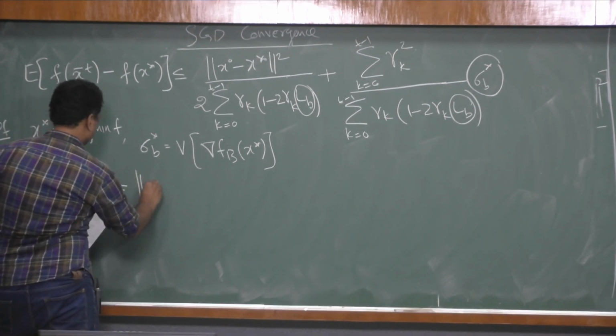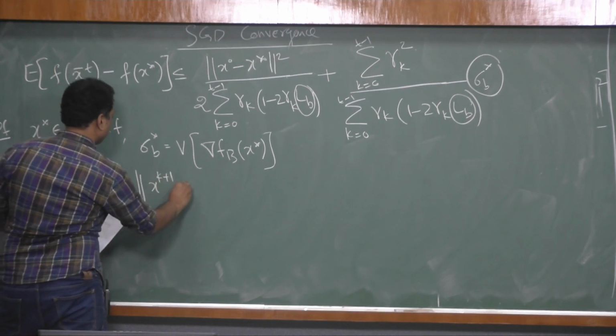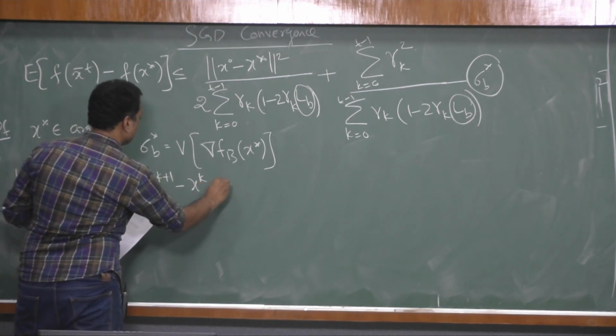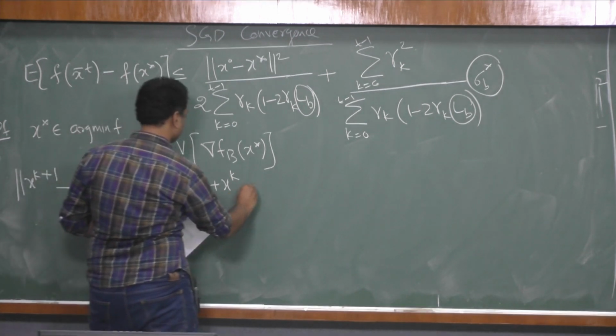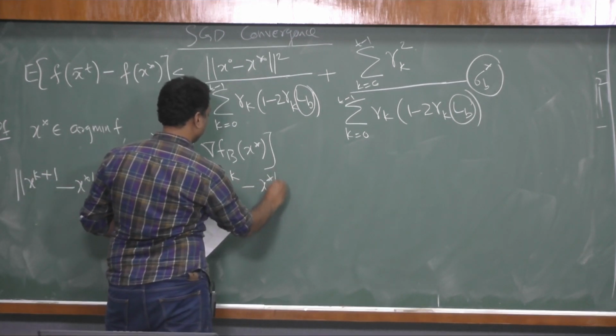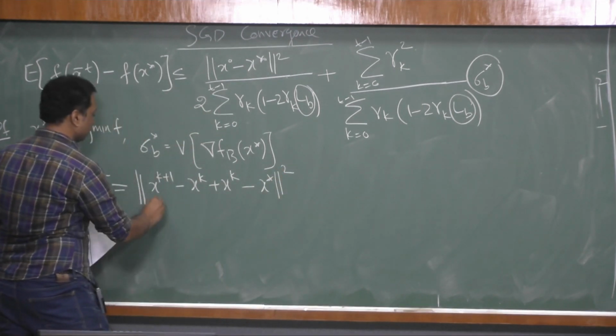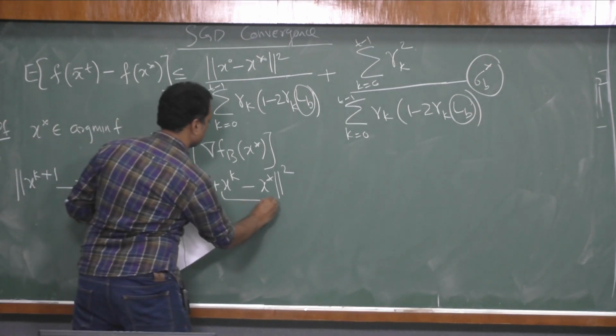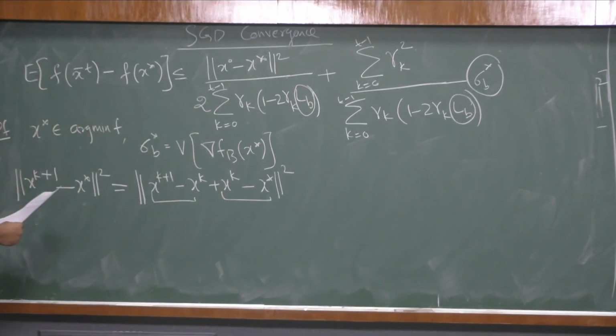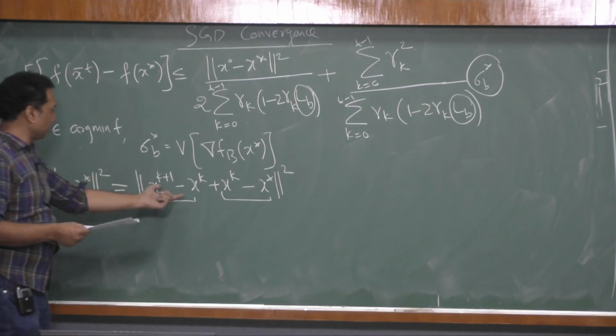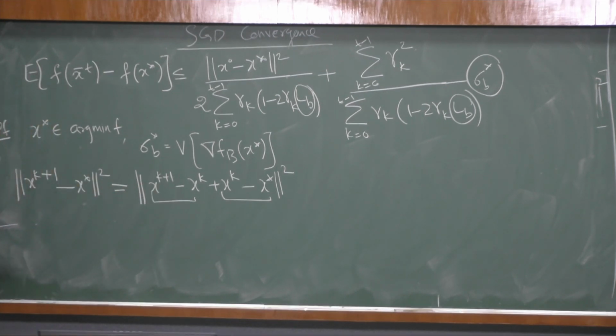So we have x_{k+1} minus x_k plus x_k, so we add and subtract, and then this is minus x star, whole squared. We pair this with this and this with this, and apply the (a plus b) whole square formula. Ideally we are supposed to replace this by grad f x_k as well.